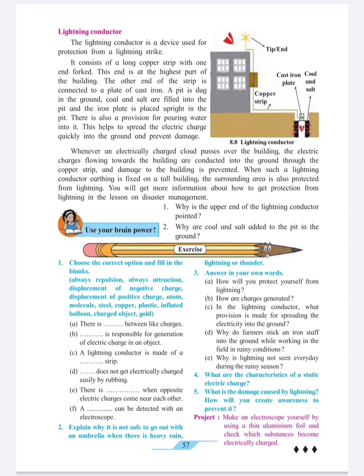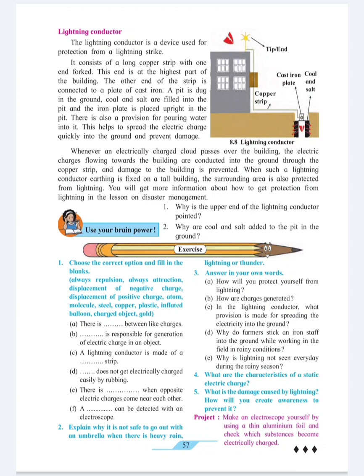Once it is attracted, the current will pass through the wires straight to the ground. So with the help of that device, there will be no harm or damage to the building.